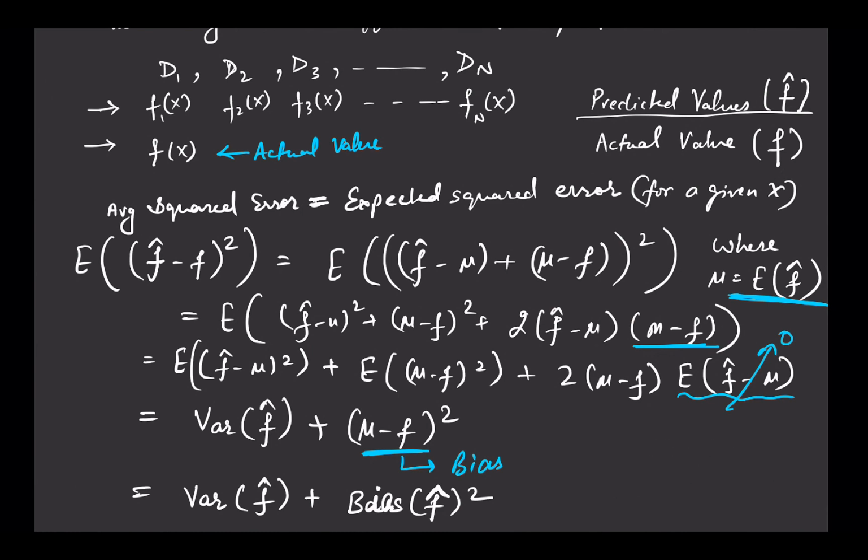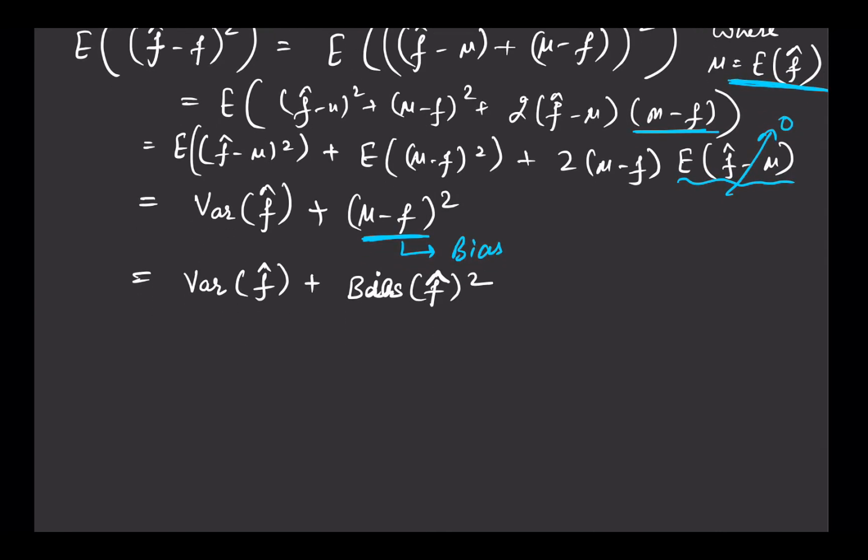So the thing is, when we want to find an f dash such that this error can be minimized, expected value of f dash minus f square can be minimized, and we know that both the variance and bias square are positive terms.